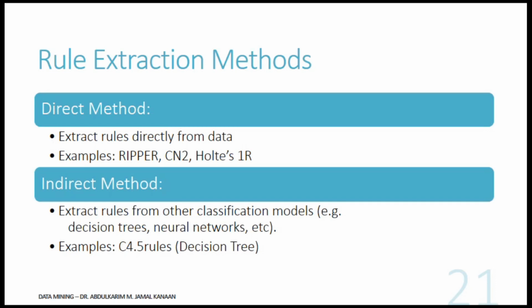So this way is called indirect, because you first need to build the decision tree. After the decision tree is fully built, then you extract rules from it. While with direct, there's no decision tree. You go straight to the data and apply some algorithms to extract the rules from the data set. Clear?